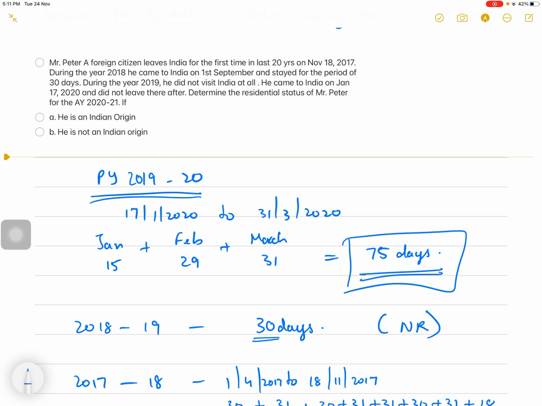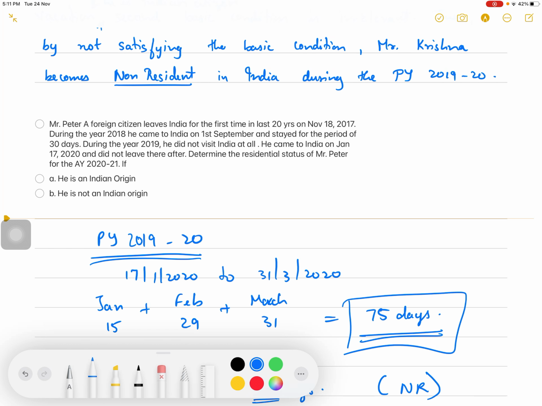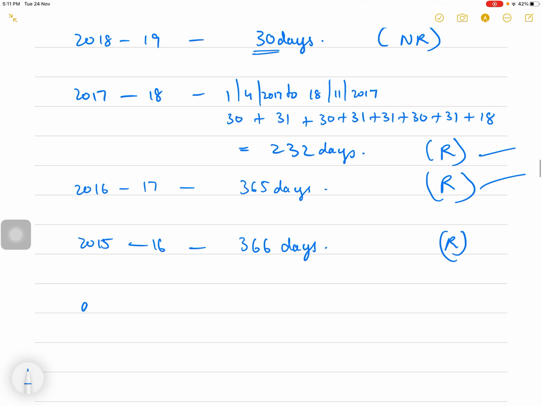So in this case, the second basic condition is irrelevant. He does not satisfy the first basic condition. Second basic condition is irrelevant. Therefore, he is non-resident. So for A, he is non-resident.